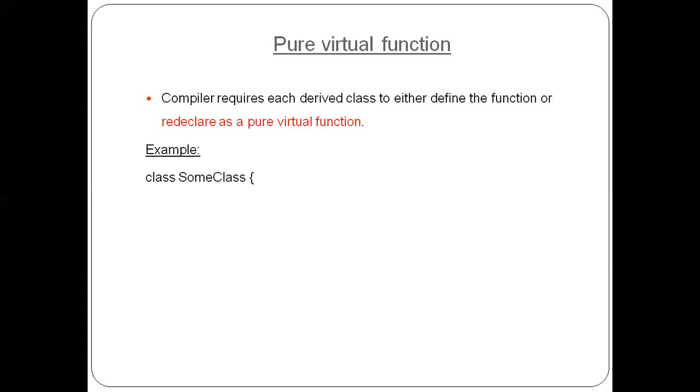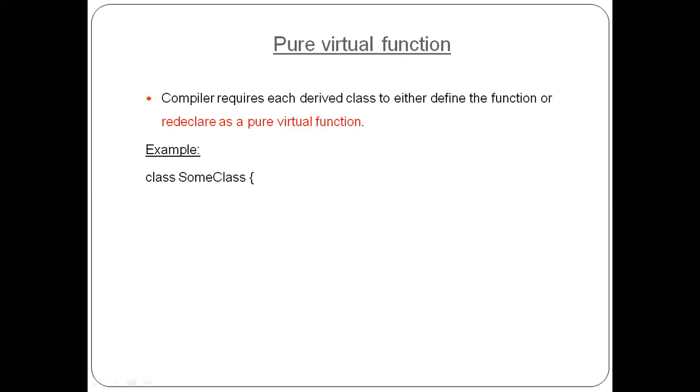In the case of a pure virtual function, we do not define the definition for that function. When the function has no definition, such functions are called do nothing functions. These functions are not performing any task, but are just declared inside the base class. So the do nothing function is also known as pure virtual function.